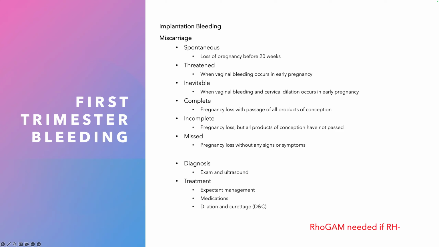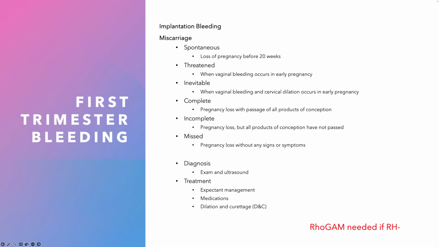An inevitable abortion, again, all of these are before 20 weeks, is when somebody has vaginal bleeding, and when you do an exam, we see that the os is dilated. So this is inevitable. Unfortunately, this person is going to have a loss of the pregnancy. There's nothing that we can do. We cannot give them a medication. We cannot do something to get their cervix to close.